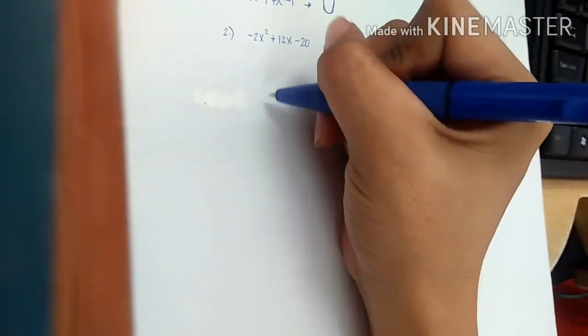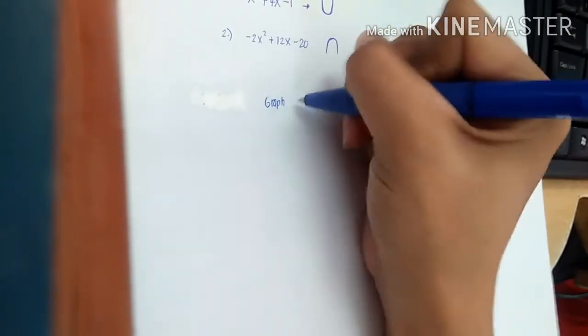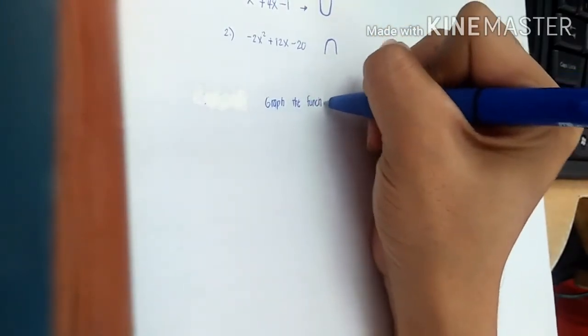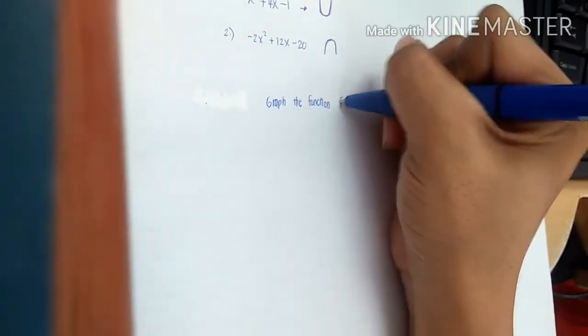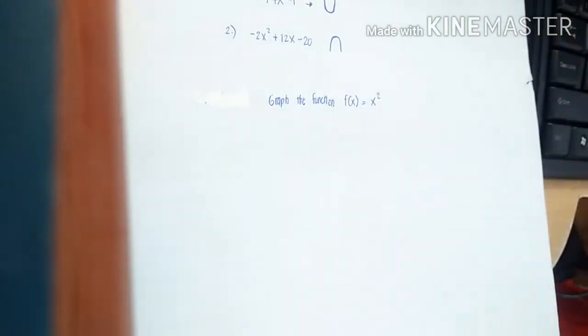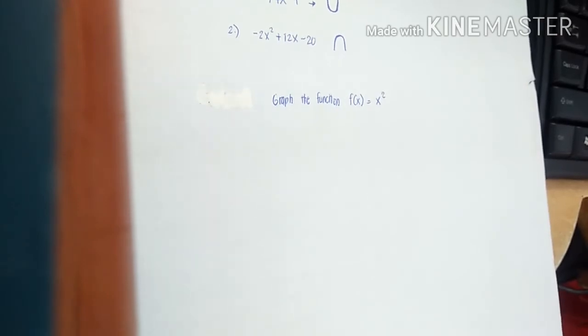Now let's proceed to the graphing. For example, graph the function f of x is equal to x squared. Here are the steps on how to graph a quadratic function using a table of values.